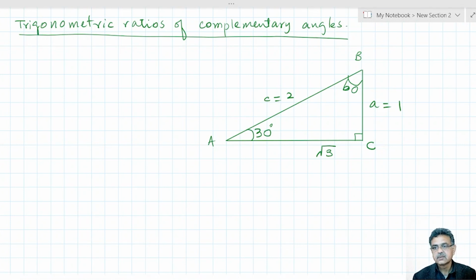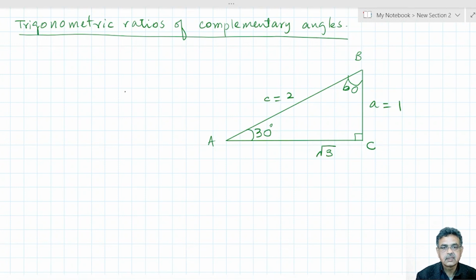This was one of those concepts: if the side opposite to 30 degrees is 1, then hypotenuse is 2. This is a simple thing which you need to remember. Or conversely, if the ratio of one of the sides and hypotenuse is 1 is to 2, then the angle opposite to 1 will be 30 degrees.